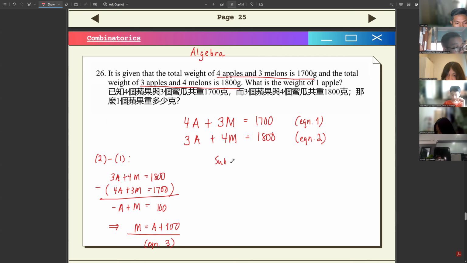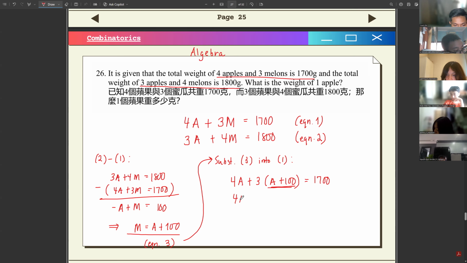Okay, so this is now our equation 3, which we can substitute into equation 1. Actually, we could also substitute it into equation 2. It's up to you. So let's rewrite equation 1. We have 4A plus 3M. Let's replace the M with the equivalent, A plus 100. Okay? So we substituted. This is equal to 1,700.